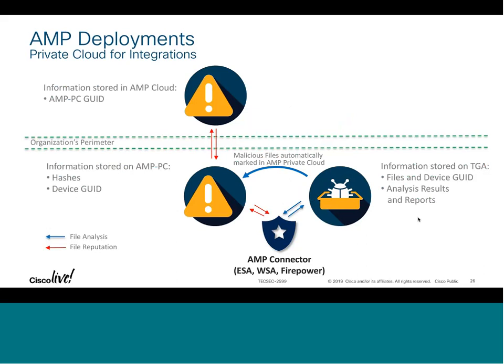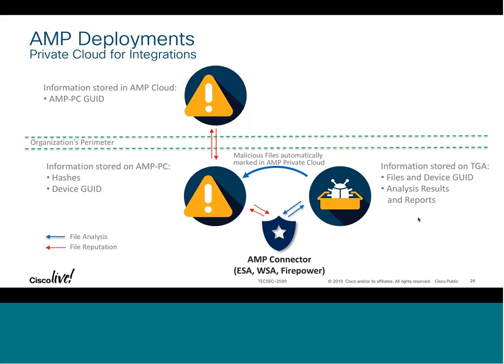In the private cloud case, this is something that you would deploy for customers who have some enhanced privacy requirements, who are unable to send information off premise for various regulatory or security reasons. In this case, the AMP cloud actually lives within their own data center inside their perimeter.